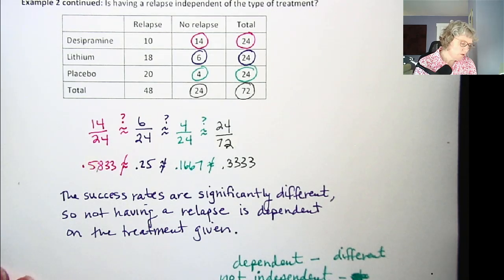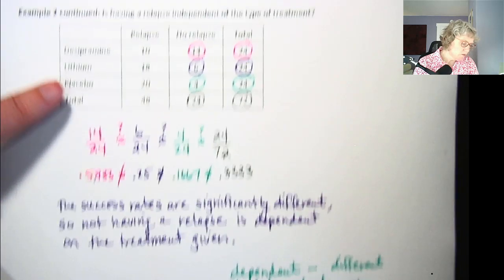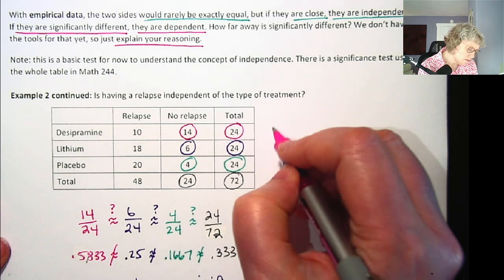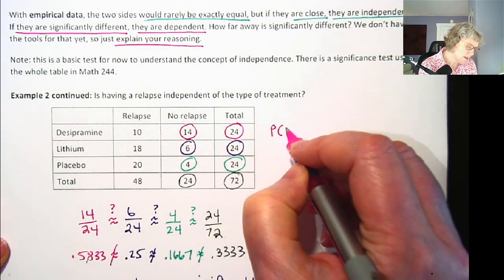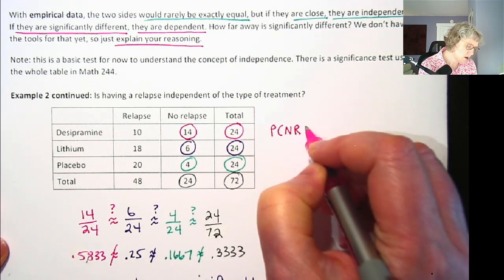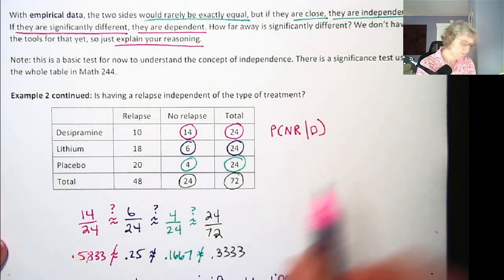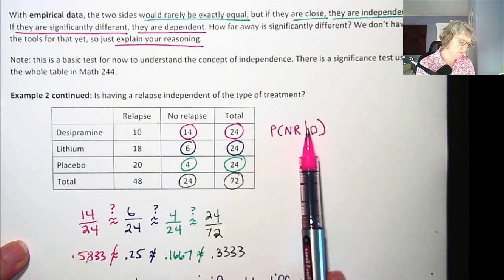So let me show you what the probability statements would look like, okay? Which you don't have to write out, but you can. So this one, what we found up here, is the probability that the person did not have a relapse. So I'm going to write NR given D. Person did not have a relapse given they were in the desipramine group, because we were only using that row.